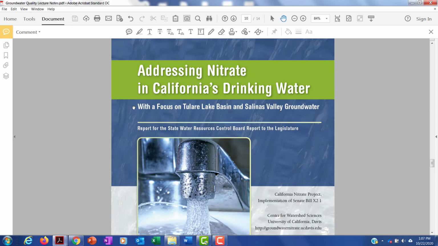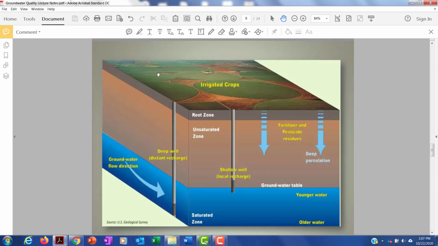You can imagine if you're out in an agricultural area surrounded by irrigated agriculture and you have a well, usually a shallow well, because if it's a domestic well just taking care of your house, you don't need to drill a very deep well. That's expensive. So if you have a domestic well out in the Bakersfield or Fresno area, you have a shallow well surrounded by agriculture.